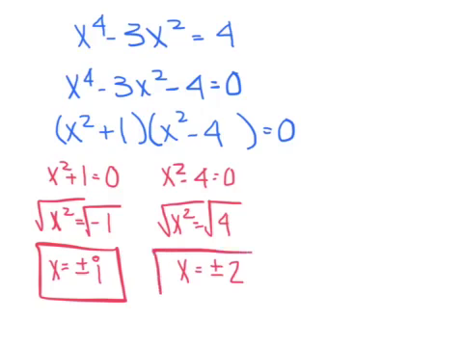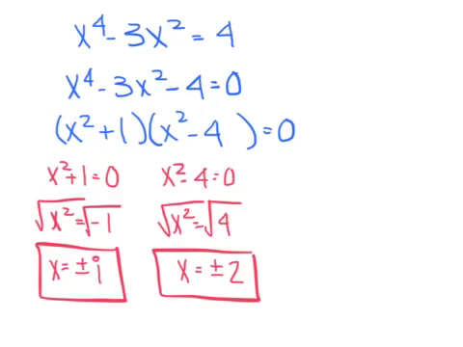Our imaginary and our real answers. And if you notice, this looks a whole lot like the got it question number 1, except got it number 1A was already in factored form. We just factored this one and then solved from there. So this is how you would do a quartic trinomial in your homework.